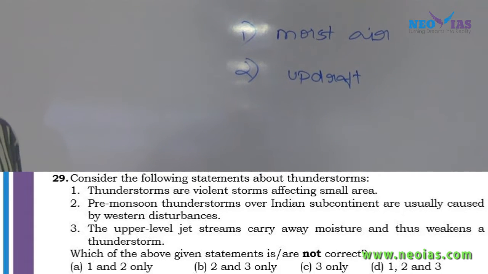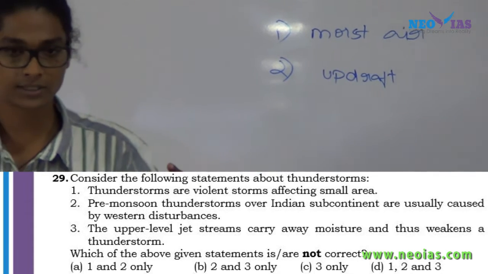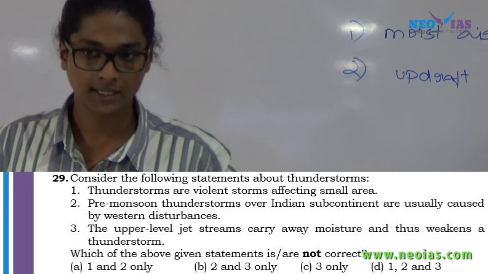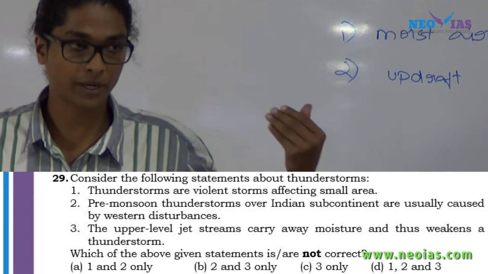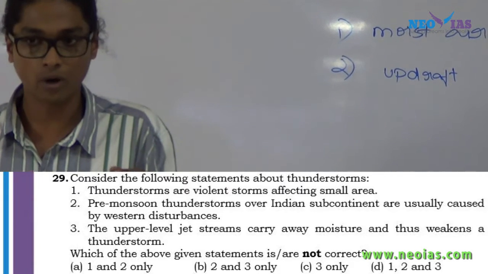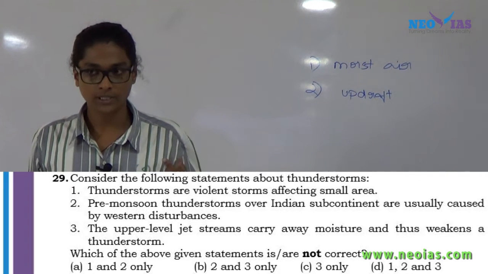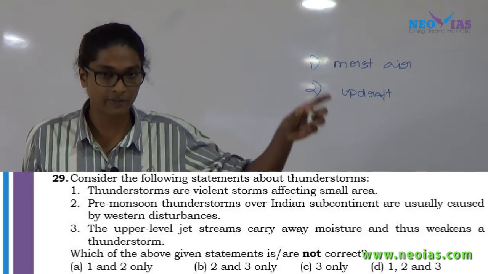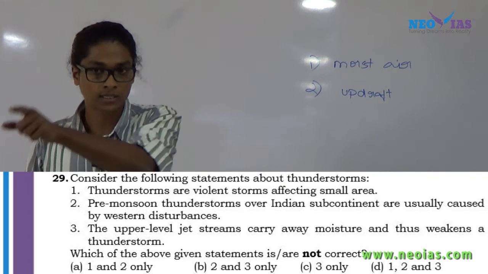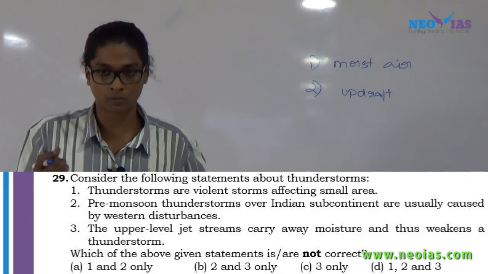considering the second statement, it says that western disturbances provide conducive conditions for the formation of thunderstorms. If you have been following news articles, you will see articles on western disturbance not only in the winter months but also in other months, especially the pre-monsoon months.